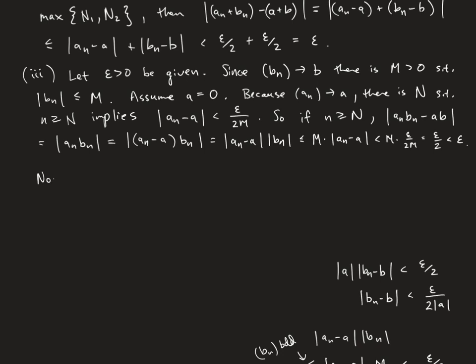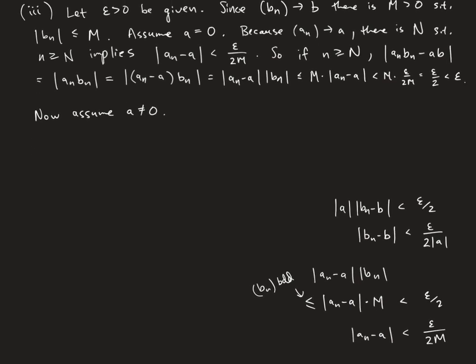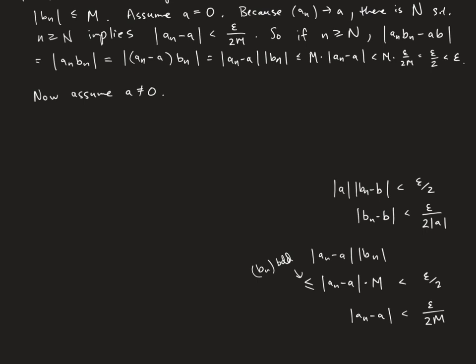Now assume that a is not equal to 0. Okay, and then what do we want to do? So we already did the boundedness for the b's, right? So that's fine. We need to take n big enough so that the b_n's are close to b by this amount, and the a_n's are close to a by this amount.